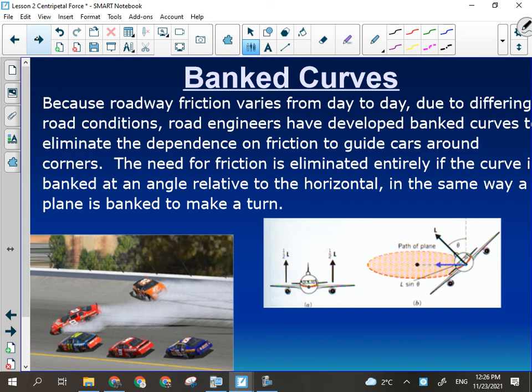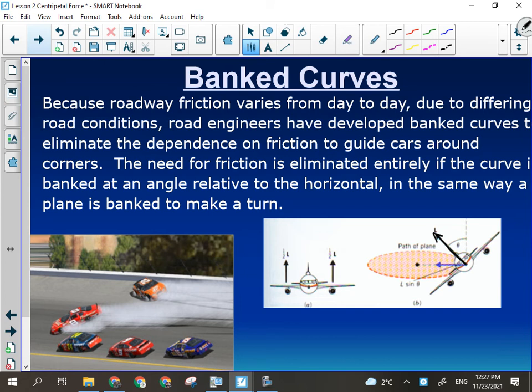At the end of the day, we started talking about banked corners, banked curves, and how when a plane tilts its wings, it's using the lifting force that the wings exert. By tilting the plane, you're getting some of that lift not acting straight up and down, but having a component of it directed into the center. So when a plane banks its wings, like you can see in this diagram, the wings produce a force this direction, always perpendicular to the wings.